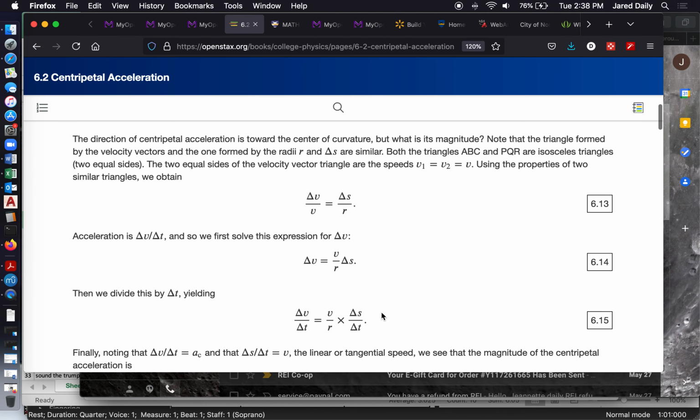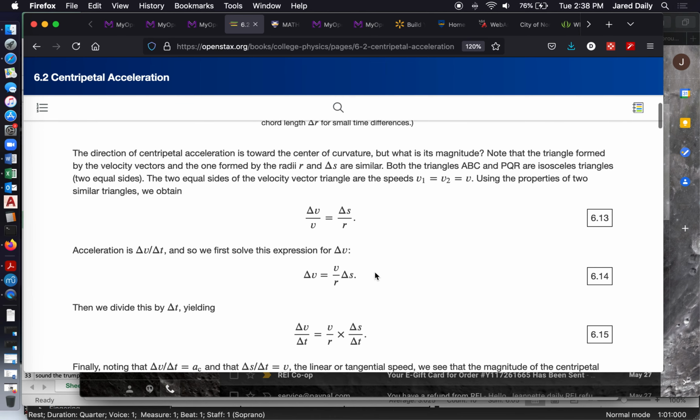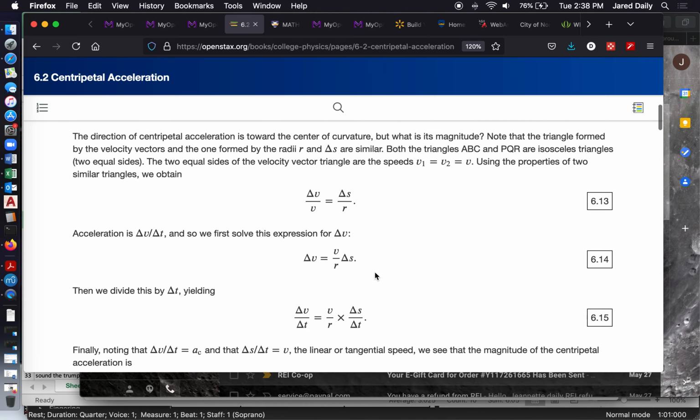And they go through some math and they get to this point where we actually find the value of the centripetal acceleration's magnitude. But this is only good because the way that we've done the math up here is using kinematic equations with constant speed along the edge of the circle, not constant velocity, because it's not the same direction all the time.